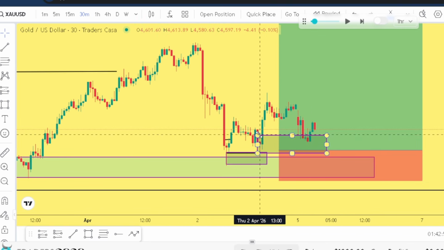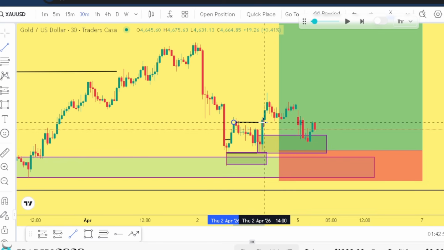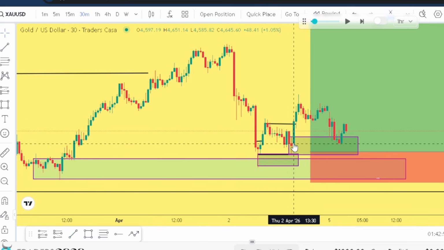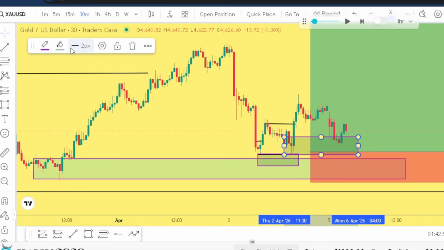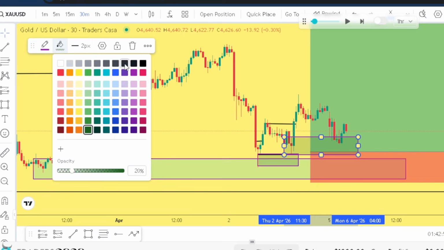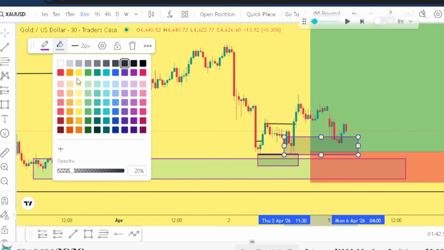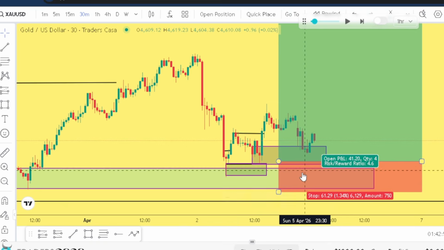Price broke past this high, this is the high I'm talking about, and has now given us another order block, another key level here on the 30 minutes.